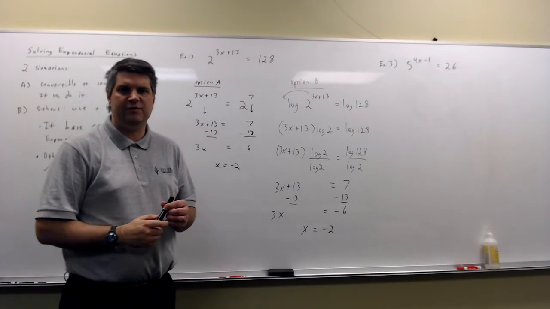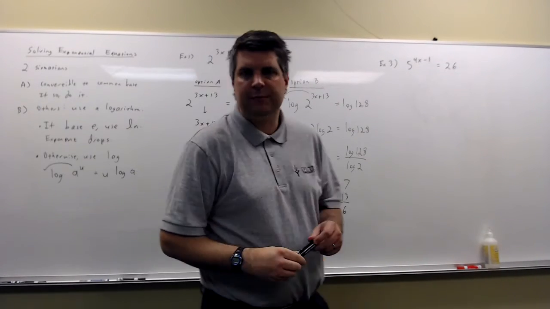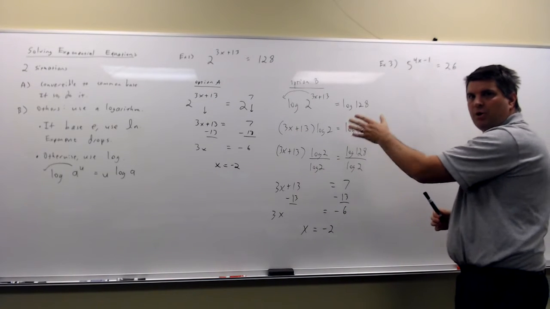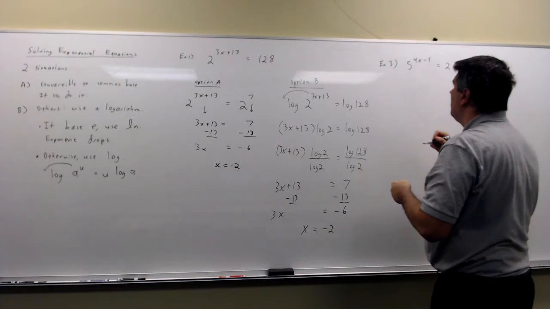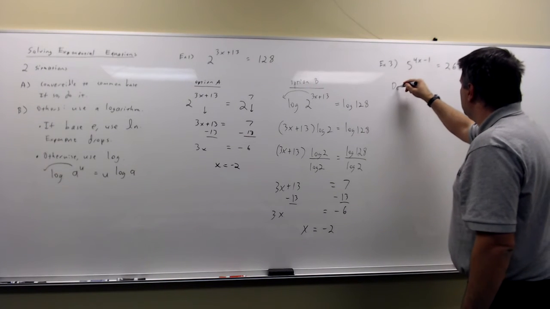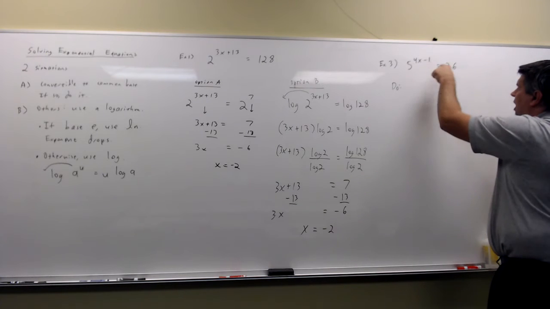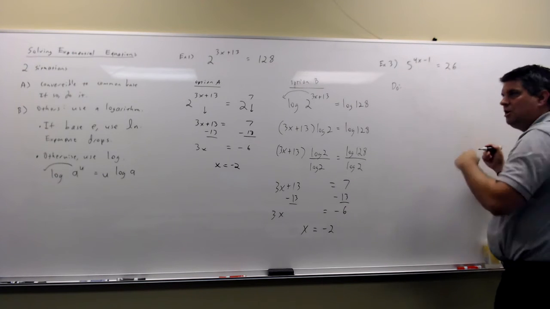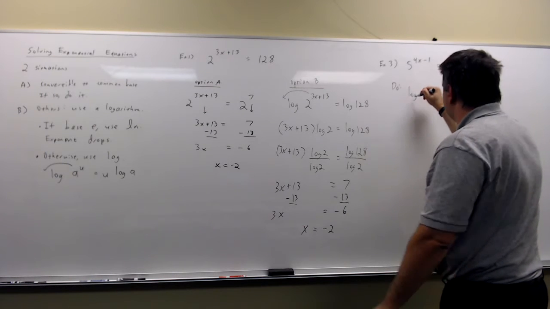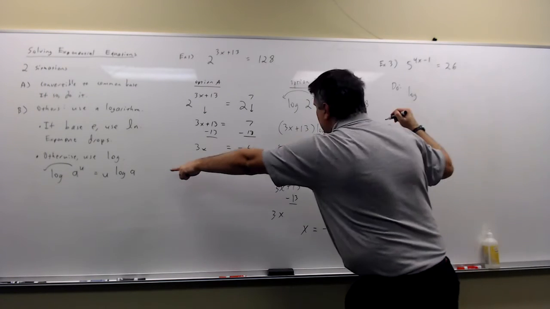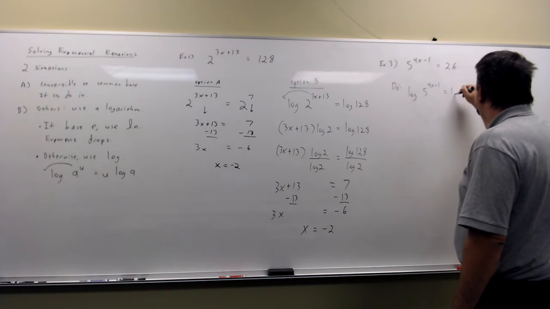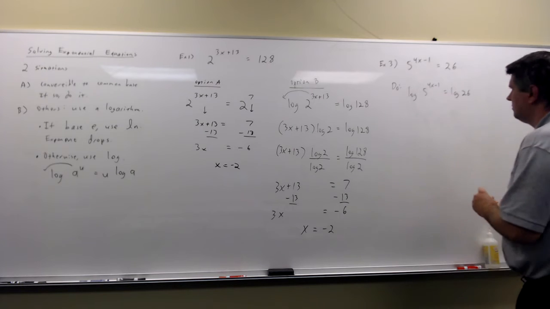Now, what I have done is I kept example 1, I've erased example 2, and I'm putting example 3 on the board. 5 and 26 are not convertible to a common base. So what we're going to do is use the logarithm. So I'll have log of 5 to the 4x minus 1st equals log of 26.